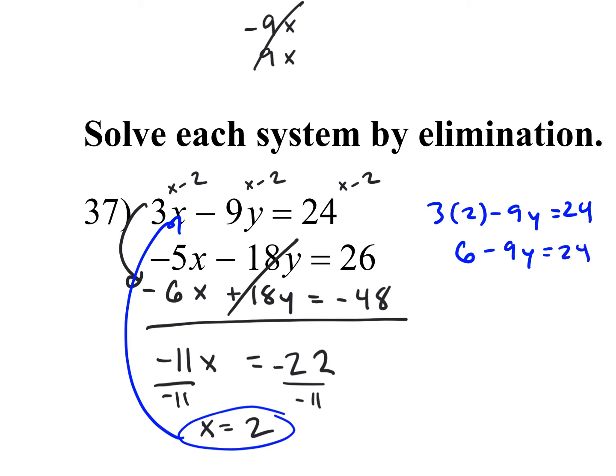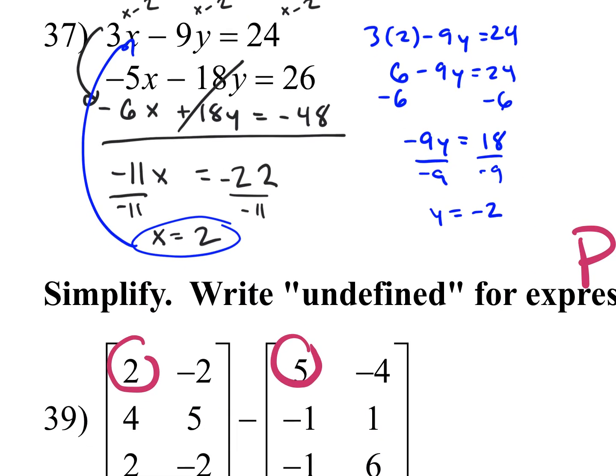What should I do next? Subtract 6. So negative 9y is equal to 18. Thank you. And then what's next? Divide by negative 9. So what does y equal? Negative 2. So we would write our answer as 2 comma negative 2.